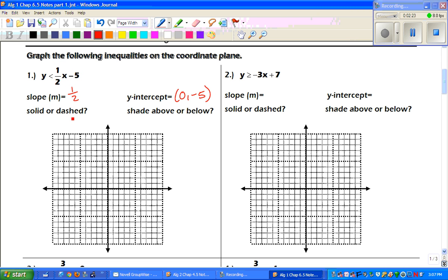Now, is it solid or dashed? Okay, this is a less than symbol, which is open. So if it's open, it's going to be dashed. The symbol is less than, okay? So a less than symbol means we have to shade below, okay? So now doing all of this information, we're going to start our graph.